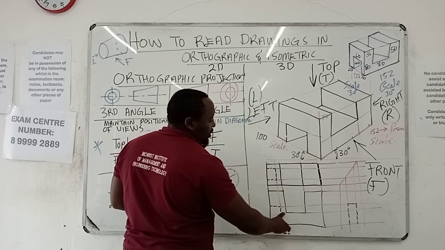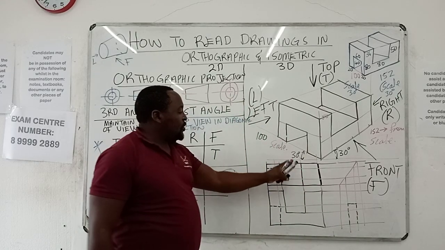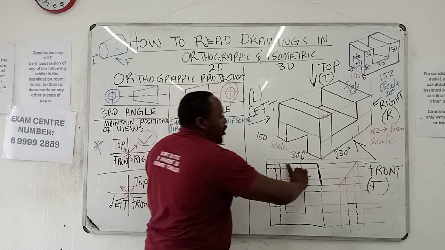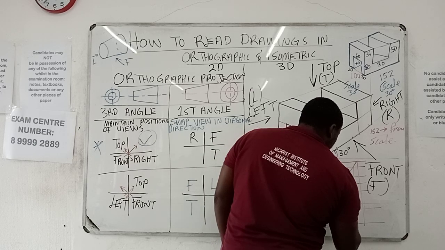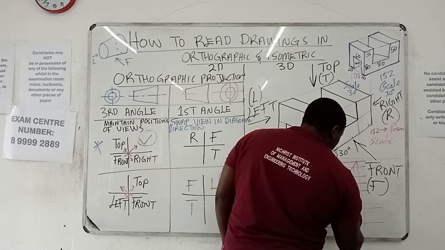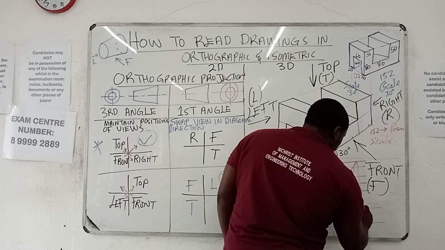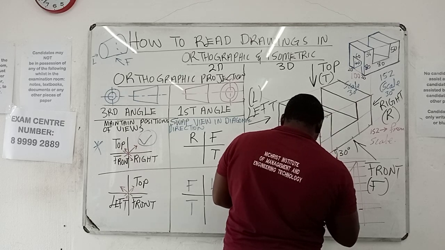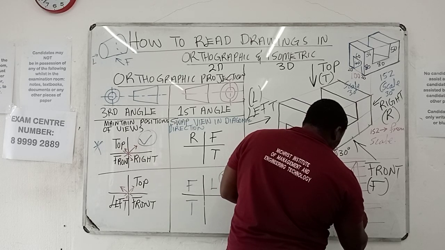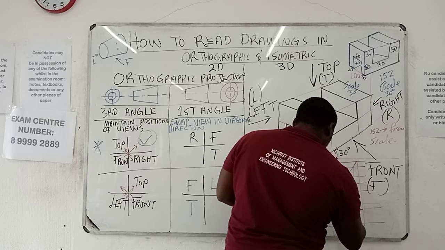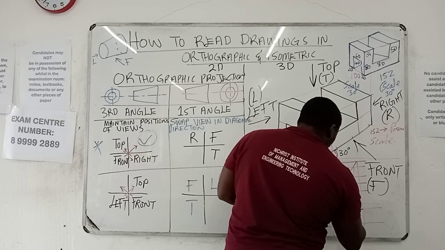Can you see it? Yes. On top view, it shows it's the whole length. So what do you do? You put a dashed line. Then close it up.